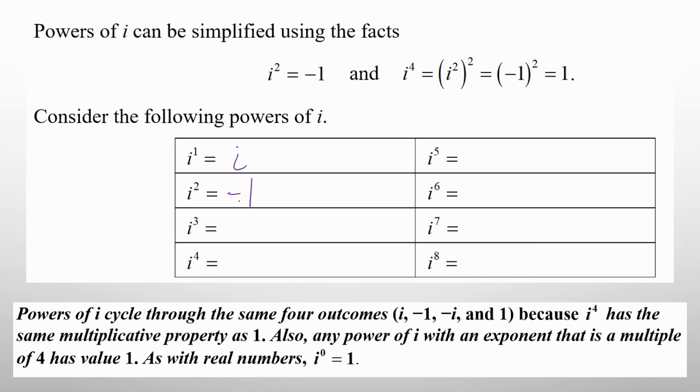We know i squared is negative 1. i to the third is really i squared times i. i squared is negative 1, i is i, negative 1 times i is negative i. i to the fourth, I can break up into i squared times i squared. That's negative 1 times negative 1, which is 1.